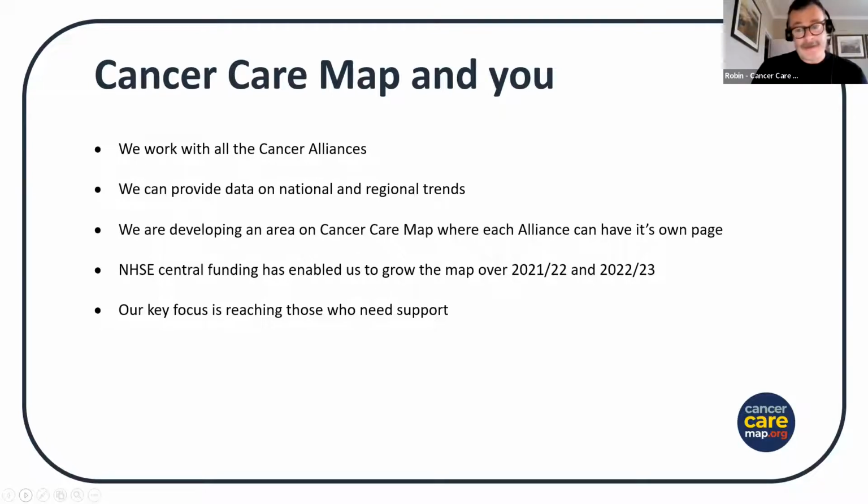Also, whether people are searching for things that they're not finding information on, which is really key to feed that information back to the alliances. We received funding from NHS England in 2021-22, and that enabled us to make more people aware of Cancer Care Map, so help connect with families and carers who can then help us reach those living with cancer who aren't necessarily online themselves. Next slide, please.